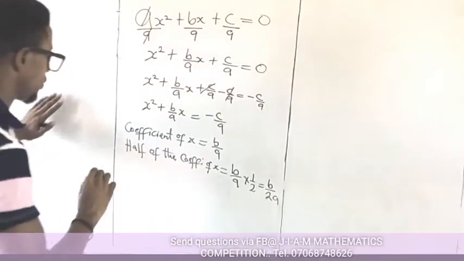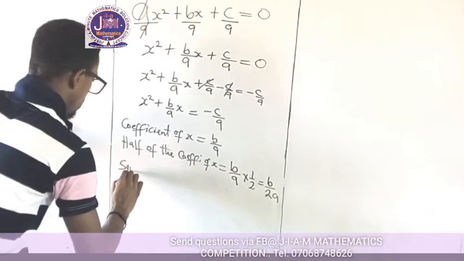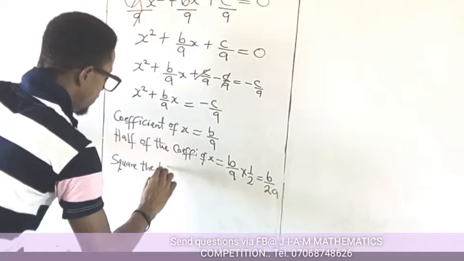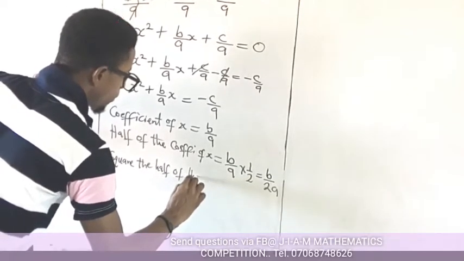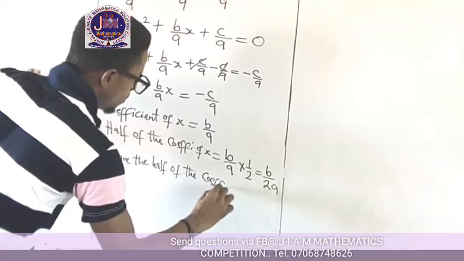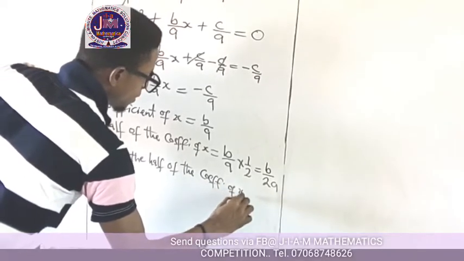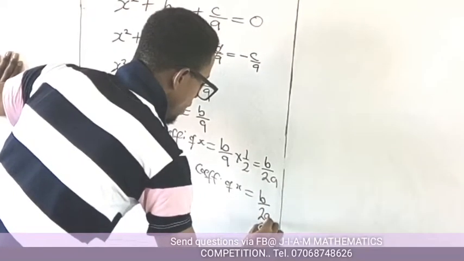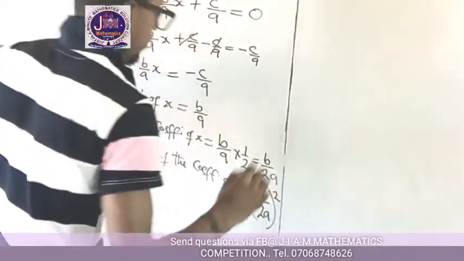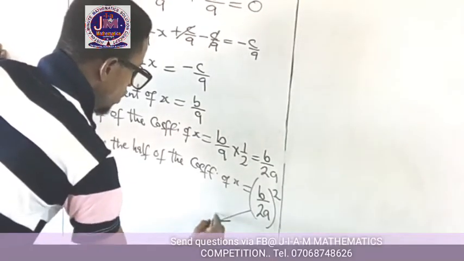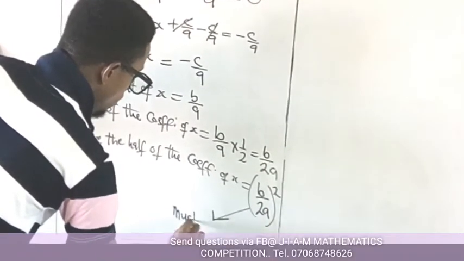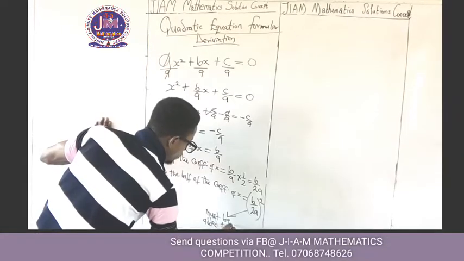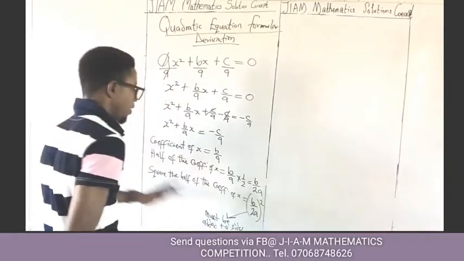The next thing, you take the square: you square the half of the coefficient of x. That gives you b over 2a squared. Now you add this to both sides.